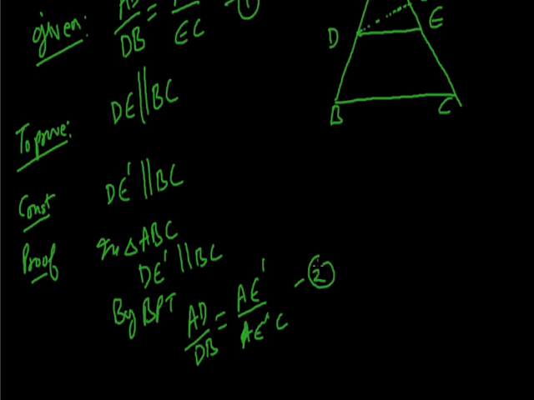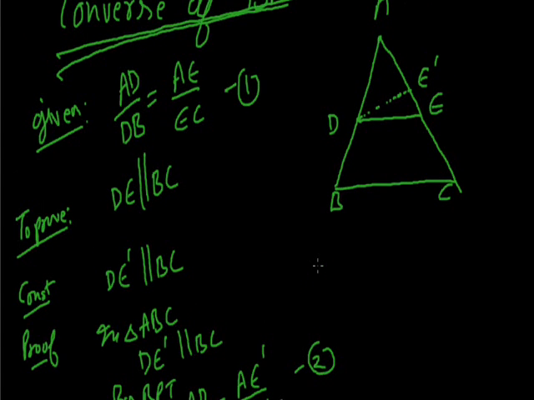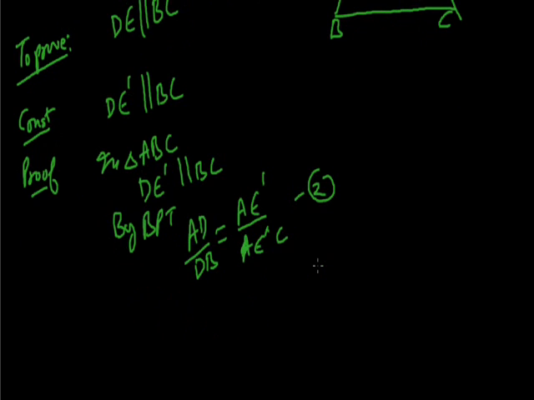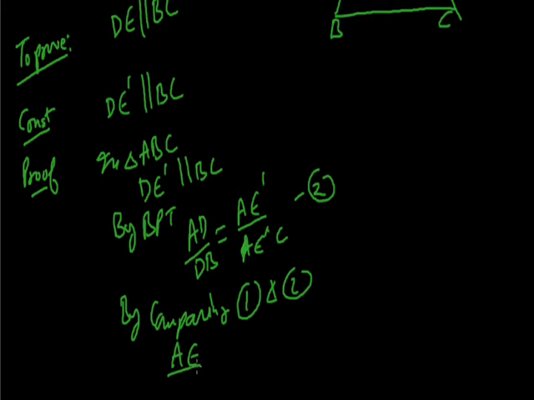Comparing these two equations, we see that their right hand sides are the same, that is AD upon DB. So by comparing 1 and 2, we can say that AE upon EC is equal to AE dash upon E dash C.